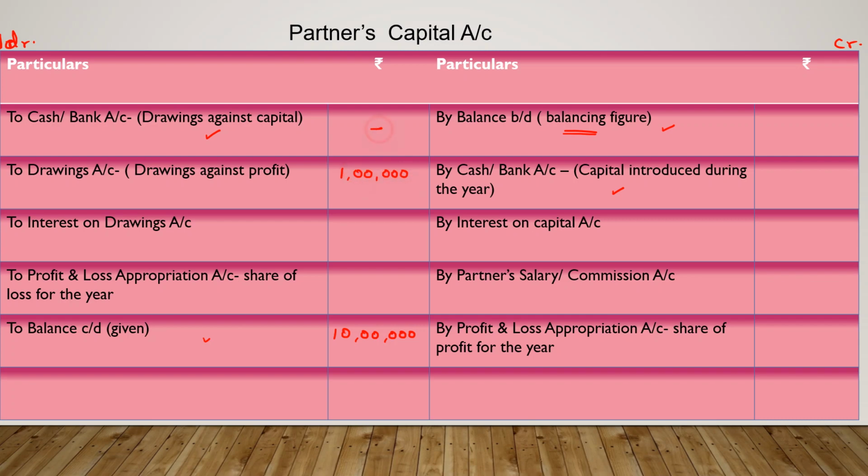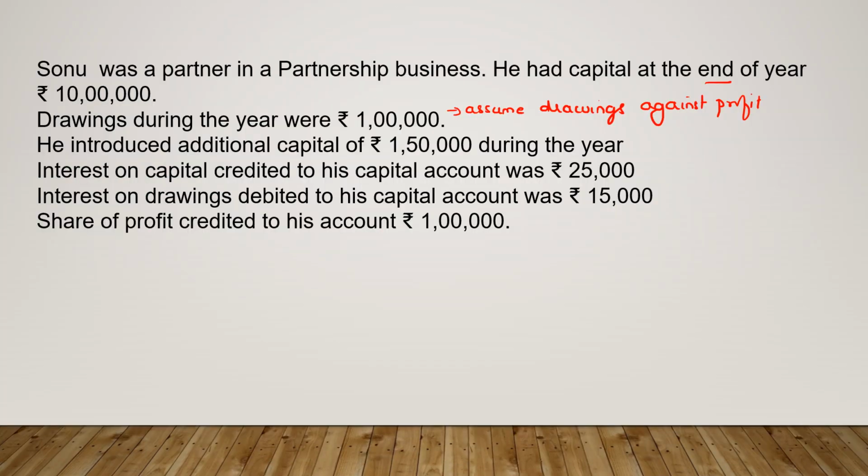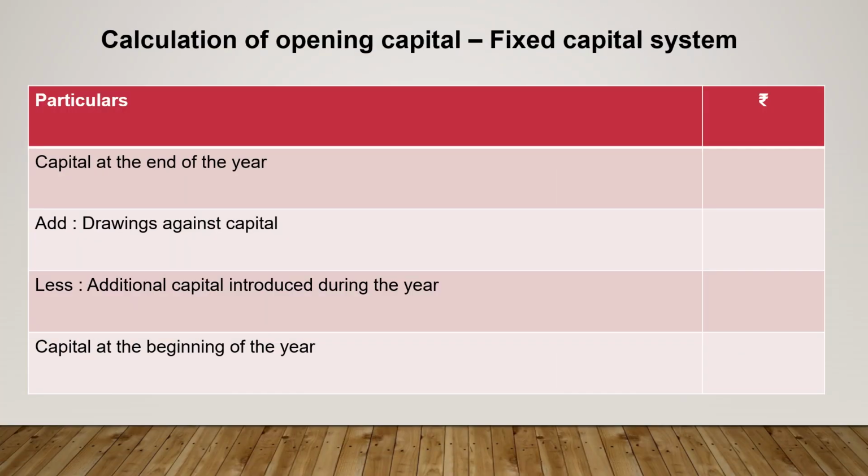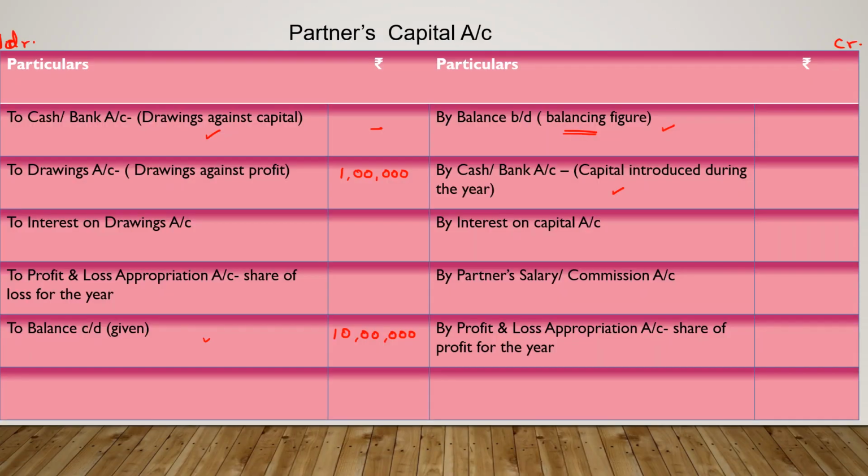There is no drawings against capital given here. Other than that, we have additional capital introduced of 1,50,000, interest on capital of 25,000, and interest on drawings of 15,000. So we have additional capital introduced here, interest on capital and interest on drawings. There is no share of loss here.